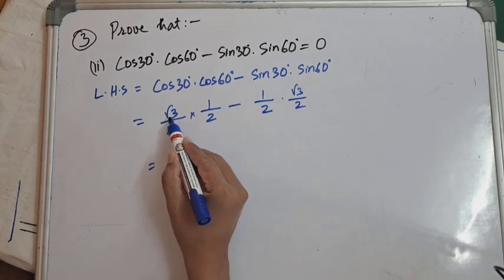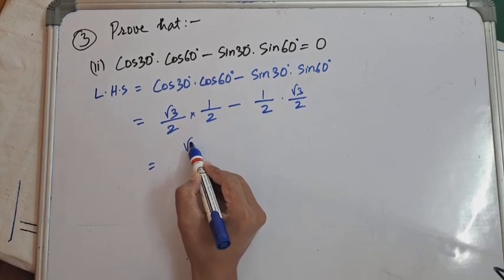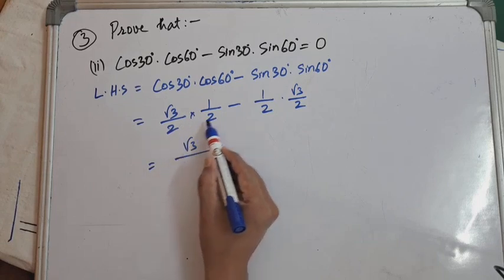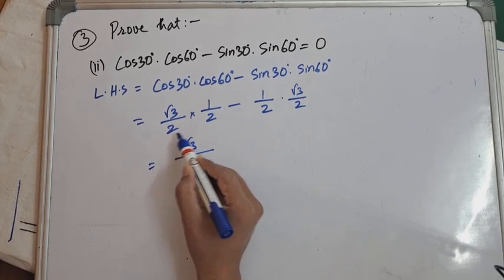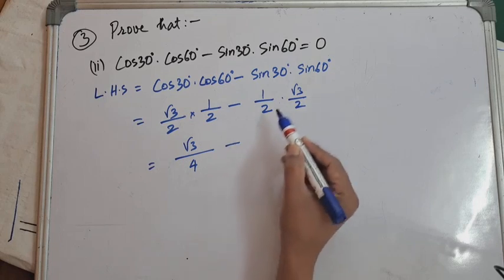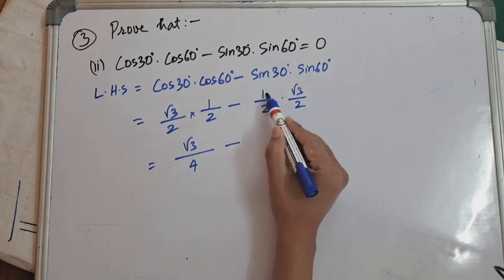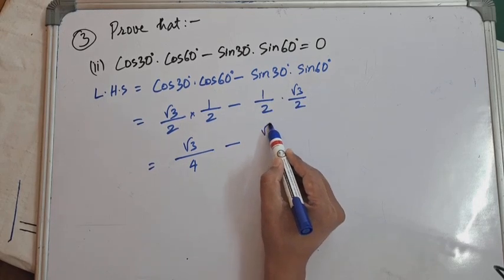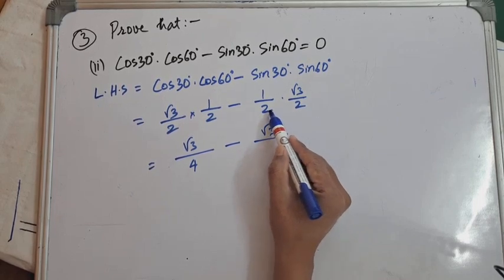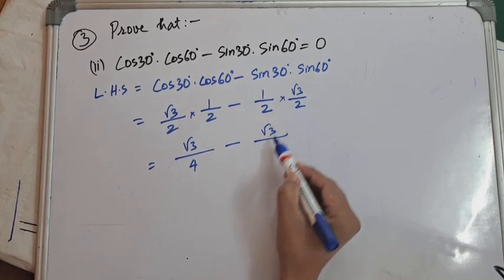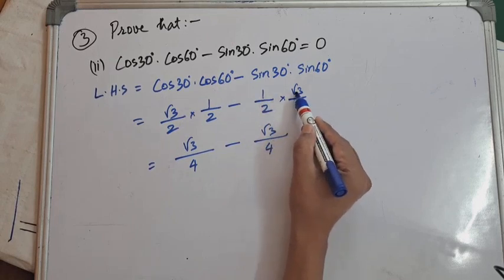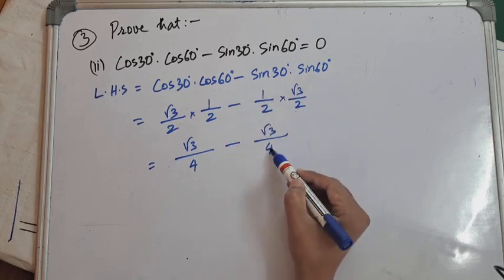So in the numerator we have root 3 into 1, root 3, and in the denominator 2 into 2 is 4, isn't it? Minus, this minus comes here. 1 into root 3 is root 3, and in the denominator 2 into 2 is 4.